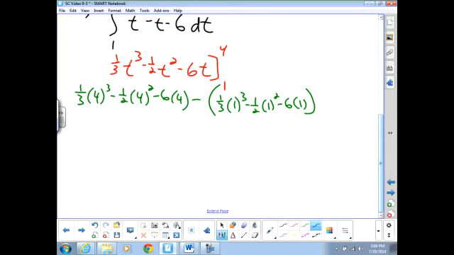And we'll evaluate this. 4 to the third is 64 times a third is 64 thirds. 4 squared is 16 times a half, so we'll have negative 8. And 4 times negative 6 is negative 24. Distributing our negative and simplifying the second part, we'll get negative 1/3 plus 1/2 plus 6.